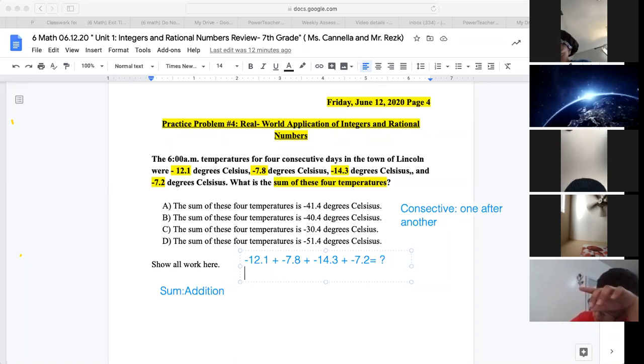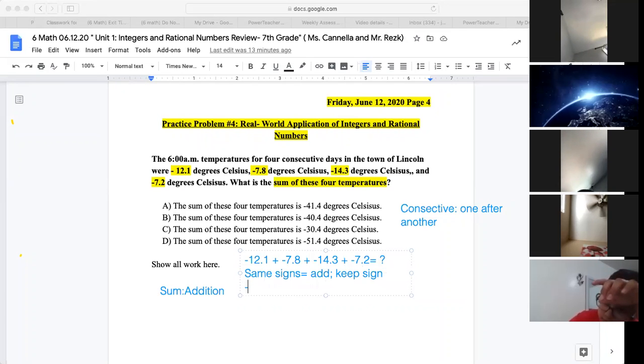Now, Haley, what do you notice about the signs? Are they the same or different? Are they same or different? The same signs means I add, and I'm going to keep the sign. So I'm going to keep the negative, and I'm going to add 12.1 plus 7.8 plus 14.3 plus 7.2.